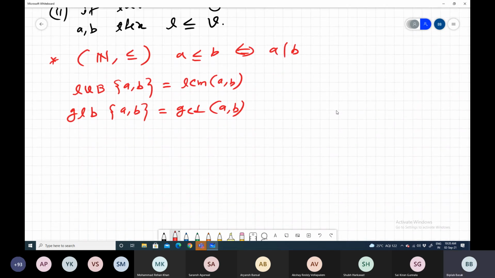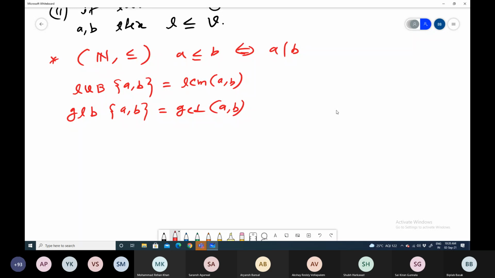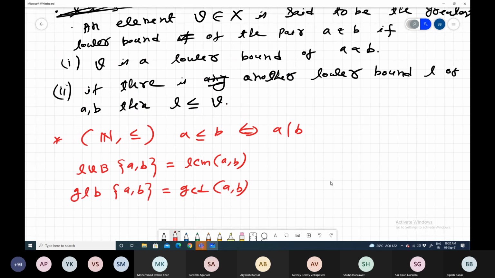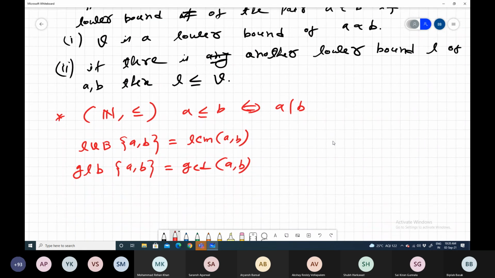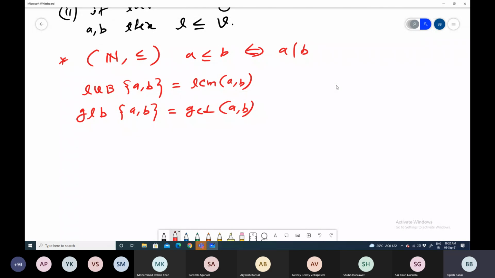Sir, an example where you wrote that X is equal to all the proper subsets of the power set of {1, 2, 3}, where we found the maximal, minimal, greatest, and least element. Sir, what is meant by all the proper subsets of the power set of {1, 2, 3}? Means first we have to make the power set, and then we have to make a subset of those. So what is your set? You are saying that X is the power set of {1, 2, 3} only.